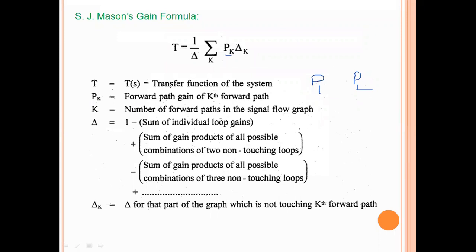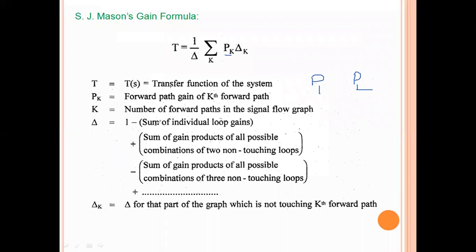For SFGs, there may be one or more loops, so we have to calculate individual loop gains and add all of them to get this term.